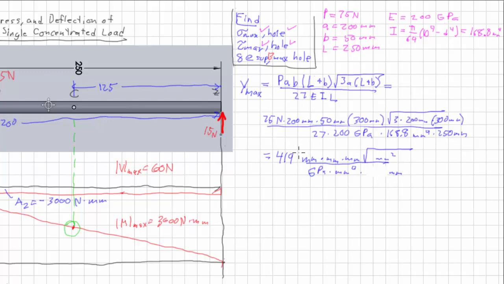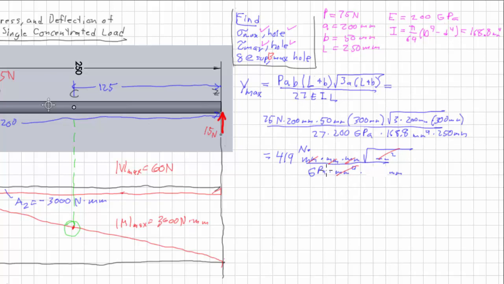And don't forget newtons at the very beginning here. So to cancel out, we've got 1, 2, 3. This square root of millimeter squared is a millimeter. So 1, 2, 3, 4 cancels out with 4 millimeters on the bottom there.